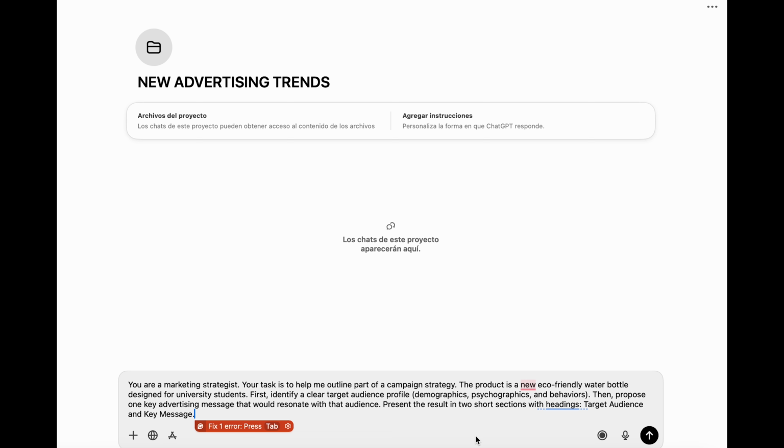First, identify a clear target audience profile: demographics, psychographics, and behaviors. Then propose one key advertising message that would resonate with that audience. Present the result in 2 short sections with headings: target audience and key message.